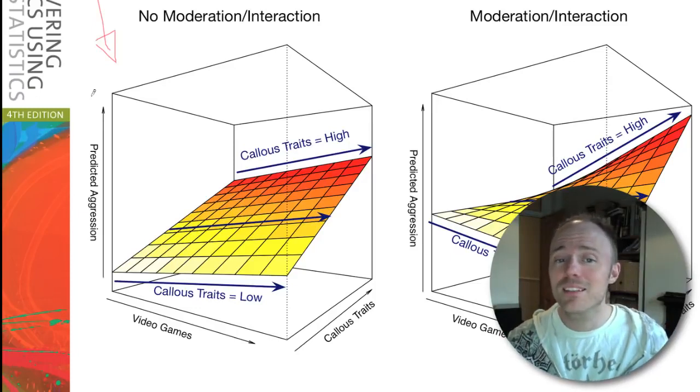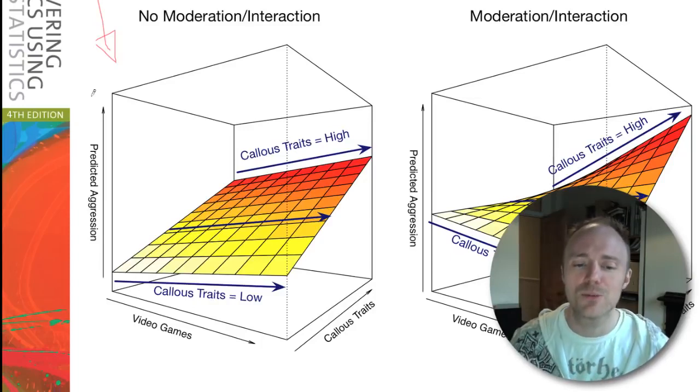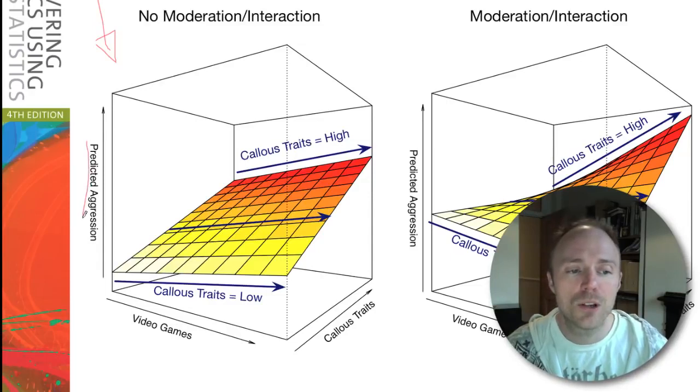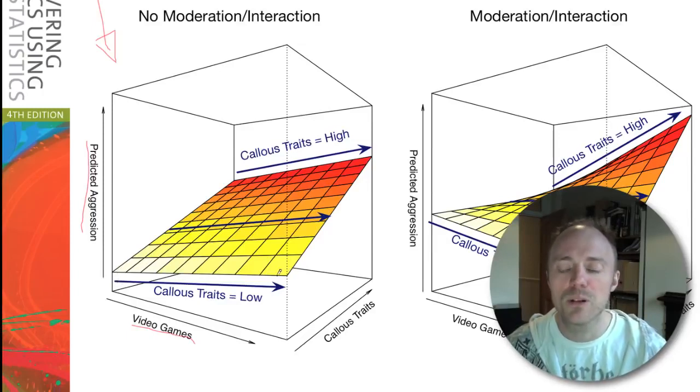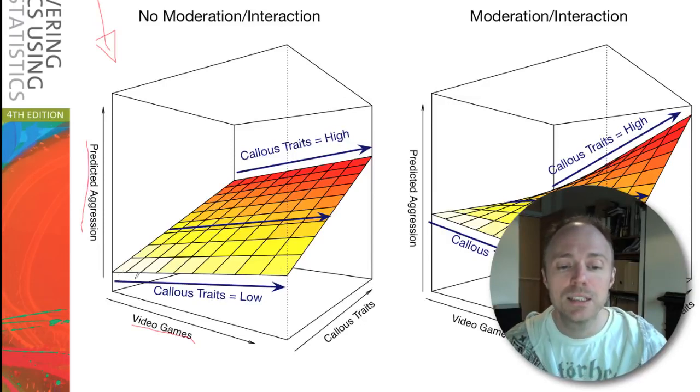Callous unemotional traits do not moderate the relationship between video games and aggression. We've got aggression as our outcome, video games as a predictor, and the nature of the relationship is shown by the slope of this regression plane.